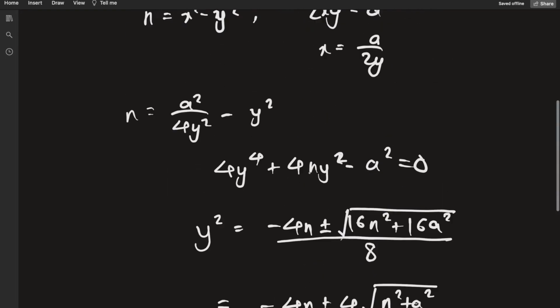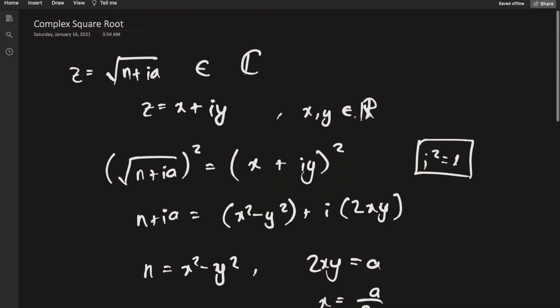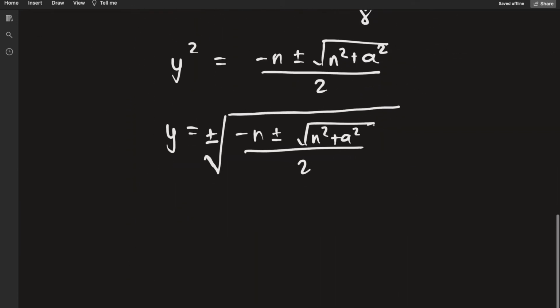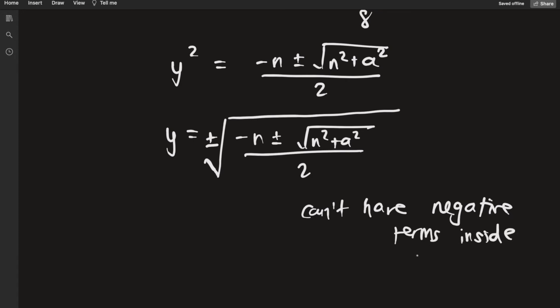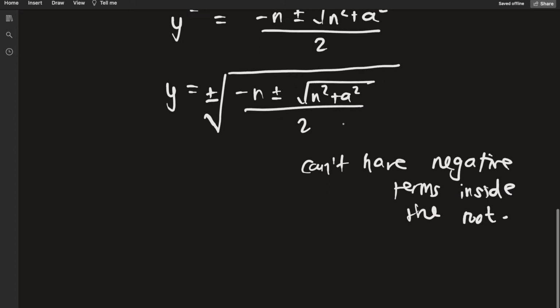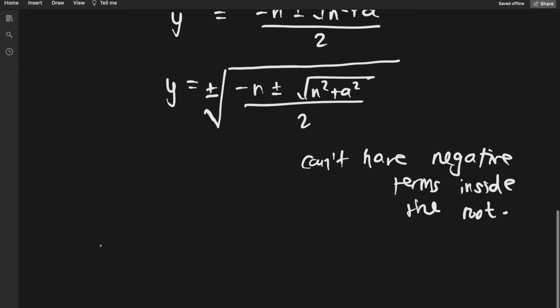And since we want y to be real, according to this condition, we can't have negative terms inside the surd or the square root, which means we only take the positive, we ignore the negative. So y ultimately becomes plus or minus.